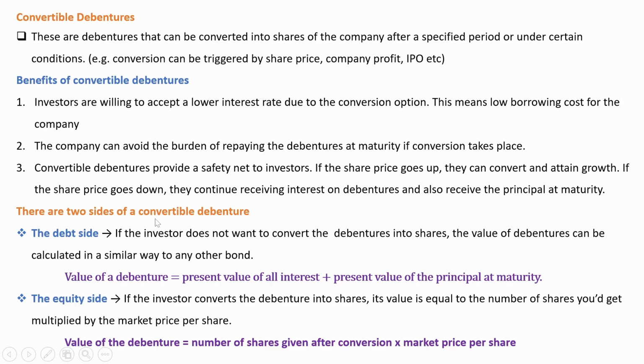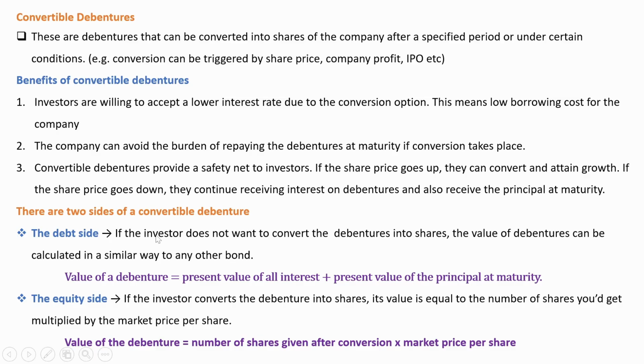There are two sides of a convertible debenture. The first one is the debt side. If the investor does not want to convert the debentures into shares, the value of debentures can be calculated in a similar way to any other bond. So one of the options that the investors have is to keep the debt, because conversion is optional, not a must.